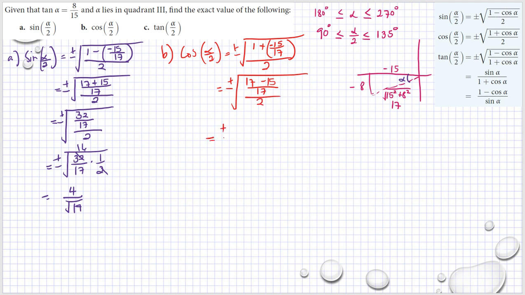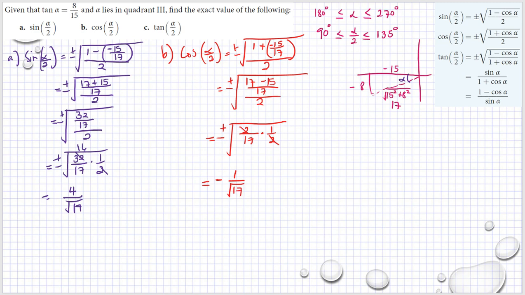Then we have plus minus square root of 2 over 17 multiplied by 1/2. Cosine is negative in the second quadrant, so we have to choose negative square root of 1 divided by square root of 17.